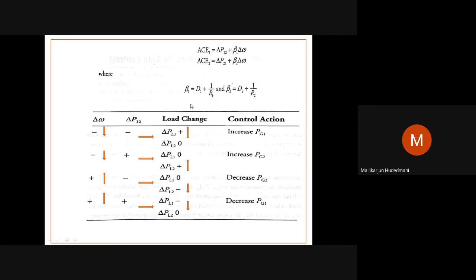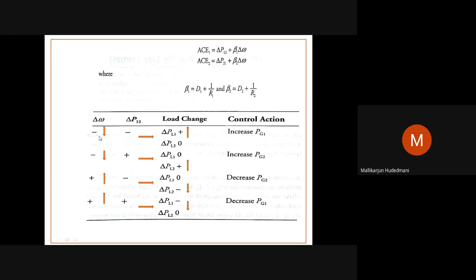If that is the scenario, only increase generation in area 1. We'll see it when I put in the ACE equation. I'll prove that only ACE1 becomes commanding, ACE2 goes to 0, in this case study. The control action must be to generate more and more power from the generating area 1 itself.